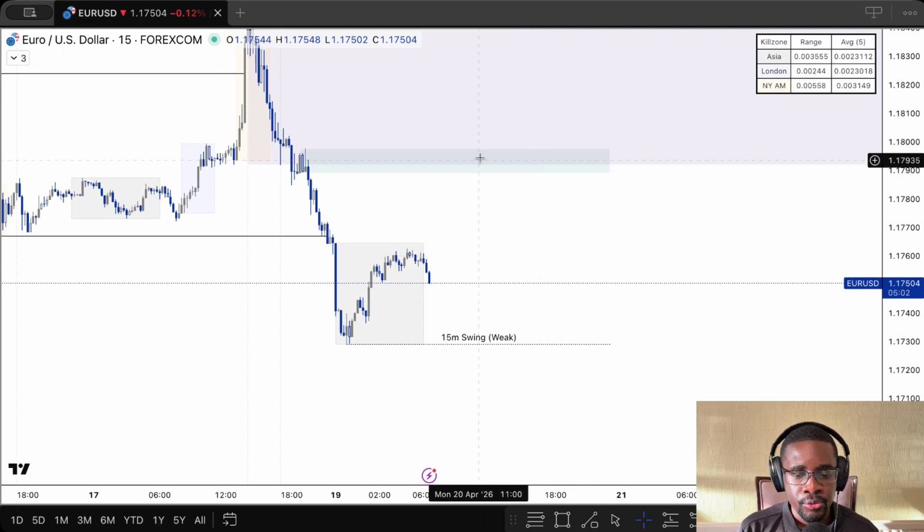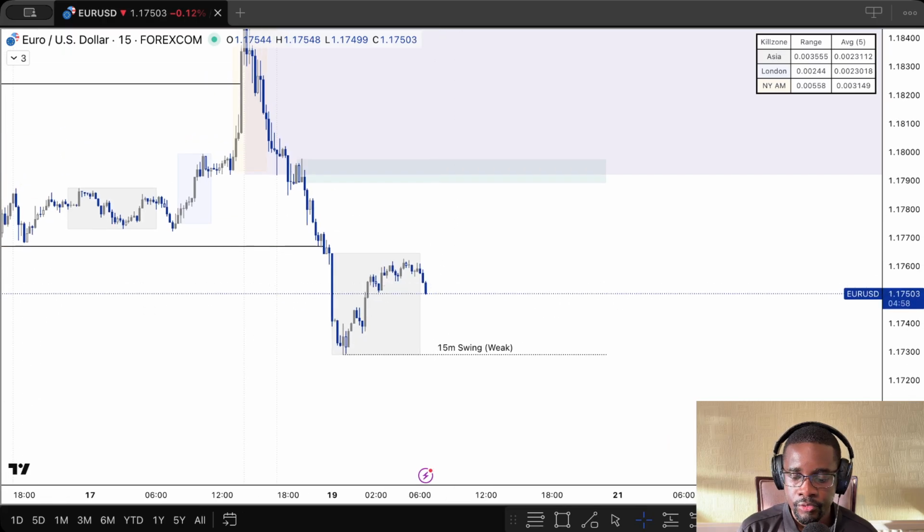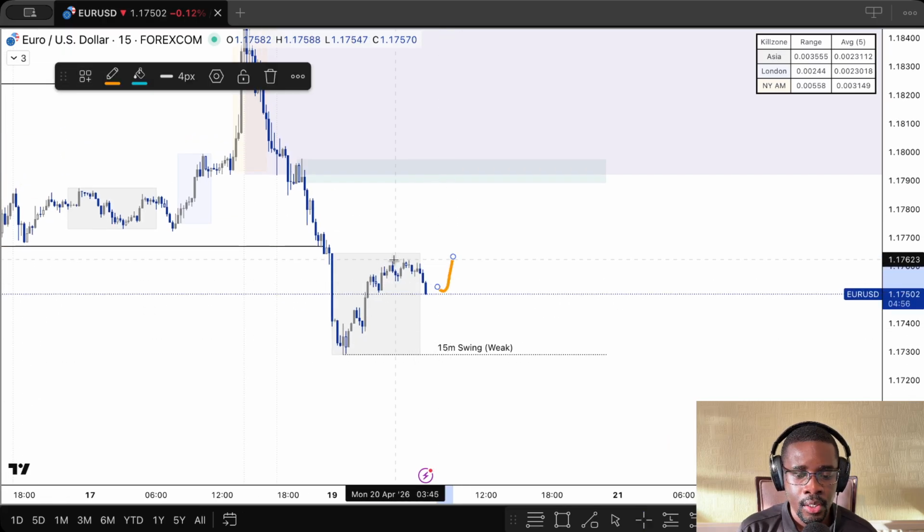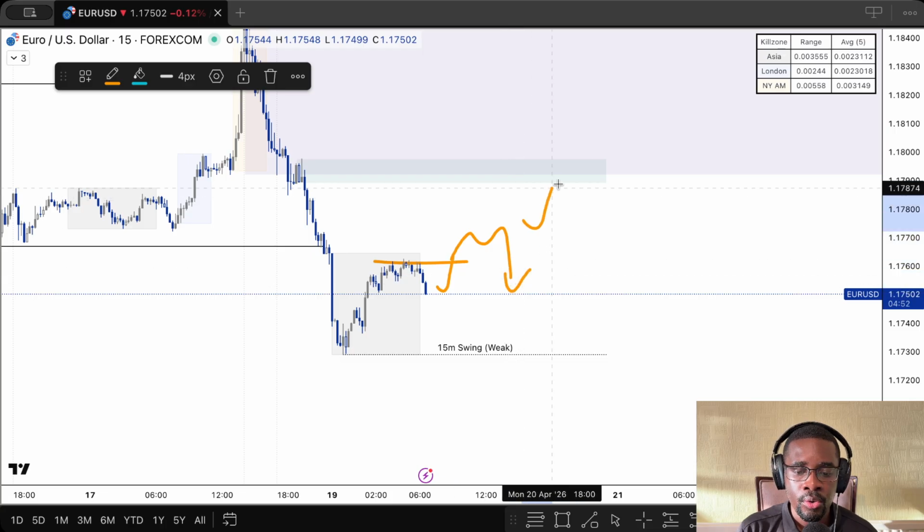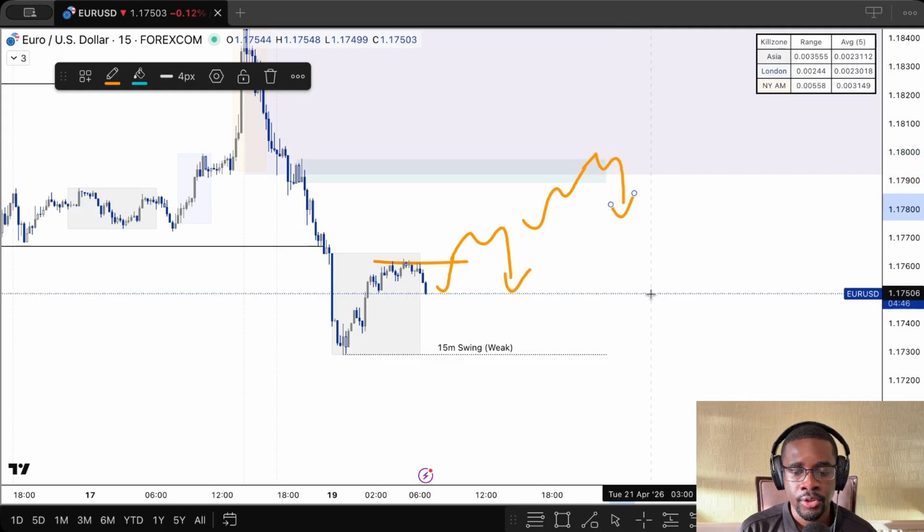So the only areas would be maybe if price comes up to the top. Okay, if price comes up, maybe takes out these highs, and then maybe have a reaction, or price comes up, maybe takes out this high, takes out this zone, and then we have a reaction.